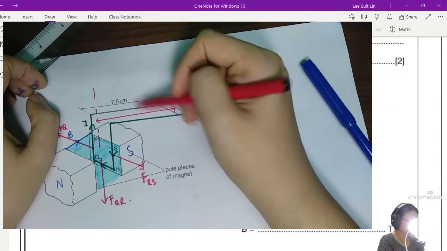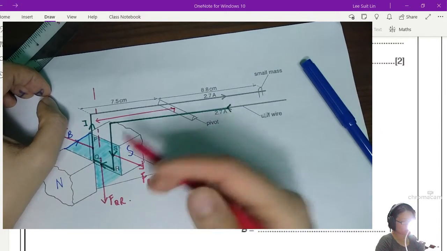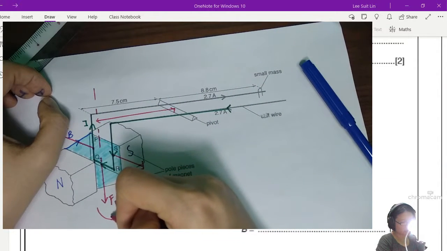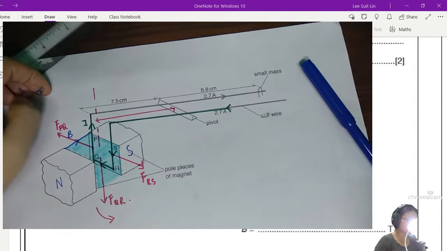All right, the same 7.5 cm. So this torque that causes the system to rotate in this direction will counterbalance with the torque that is produced by the small mass here.